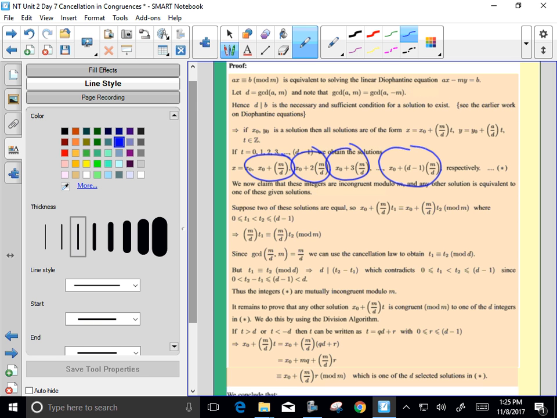And then you can see how they built the dynamic of the greatest and the least. This is what we talked about here. We talked about the m over d. And so when it's all done, you're going to have x0 plus m over d times r. And r started out at 0, then it went 1, 2, all the way to, what was that, m minus 1? No, d minus 1.